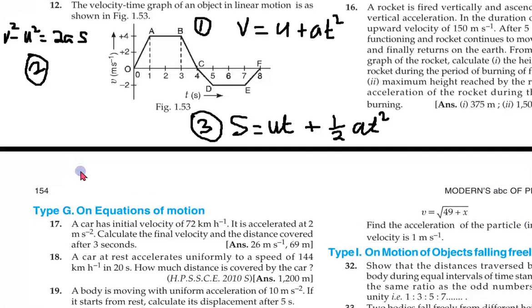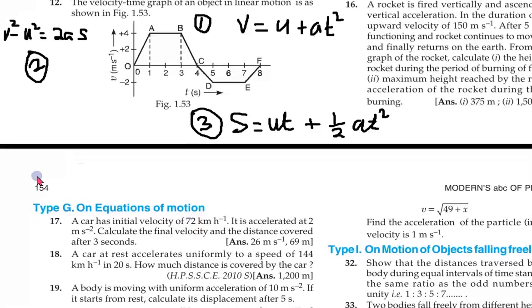So U equal to 72. If I want to convert it into meter, the shortcut method is 5 by 18, but I'll not use the shortcut one.